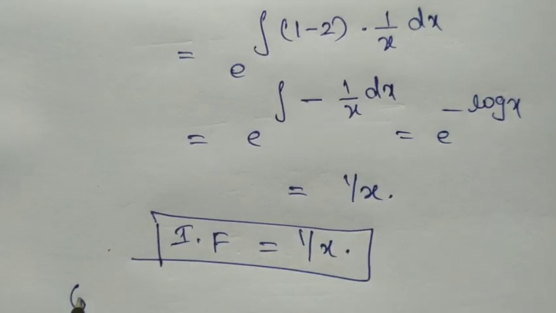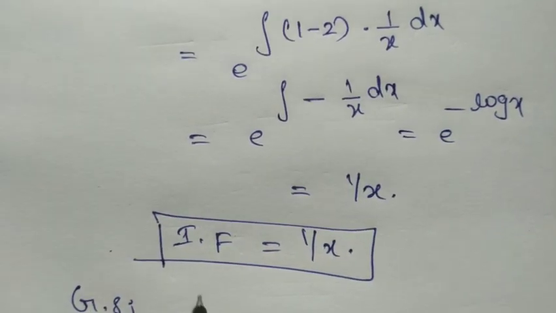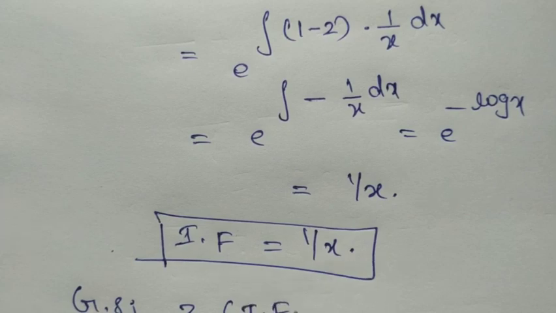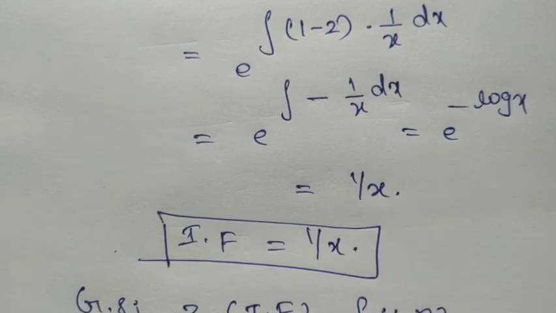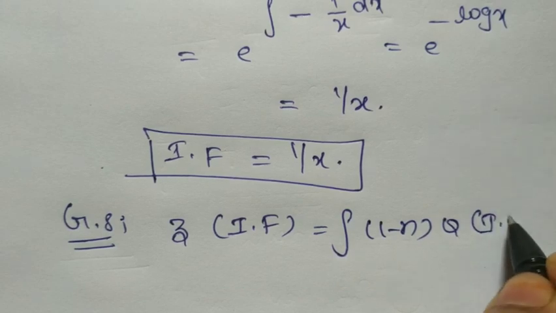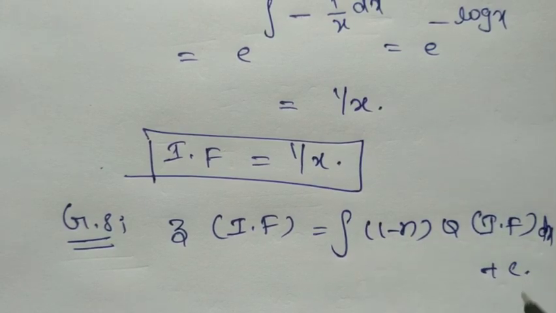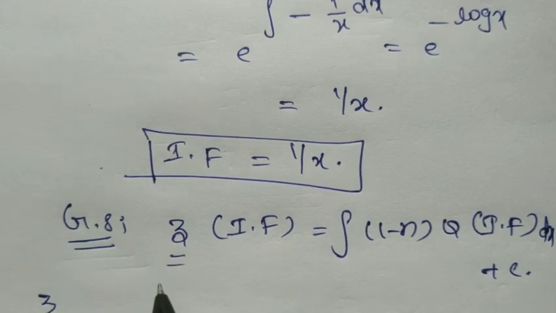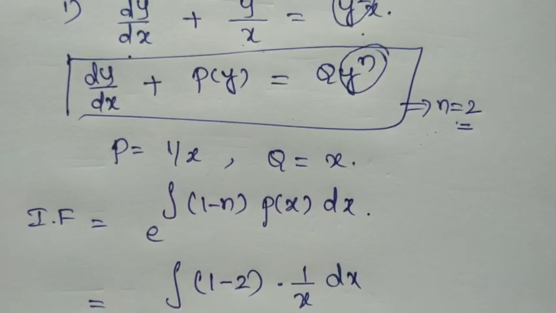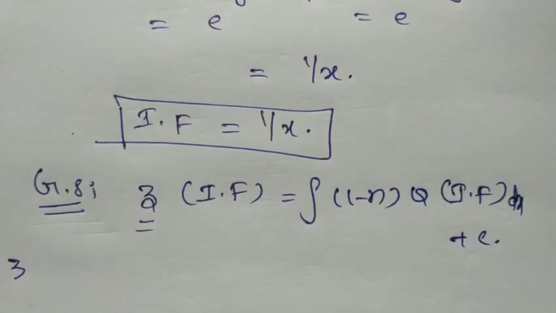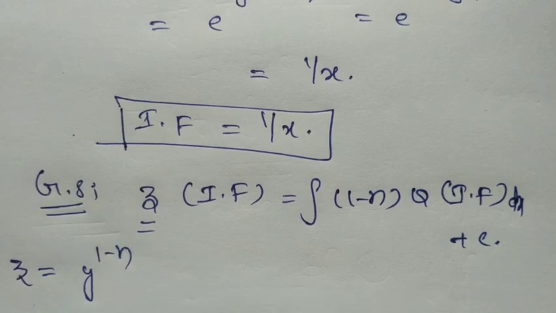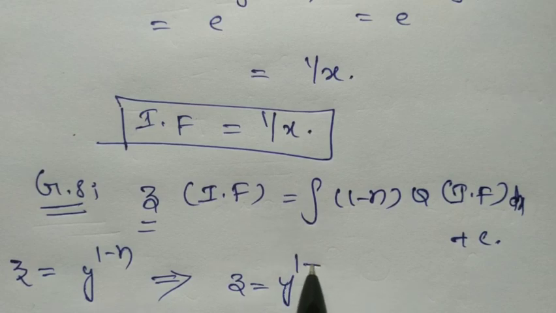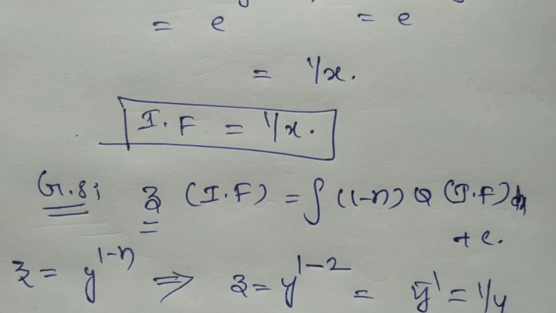Then the general solution is z into integrating factor equal to integration of (1 minus n) into q into integrating factor dx plus c. Here z value is, what is z value? z equal to y power 1 minus n. Here n equal to 2, so z equals y power minus 1, that is 1 by y.